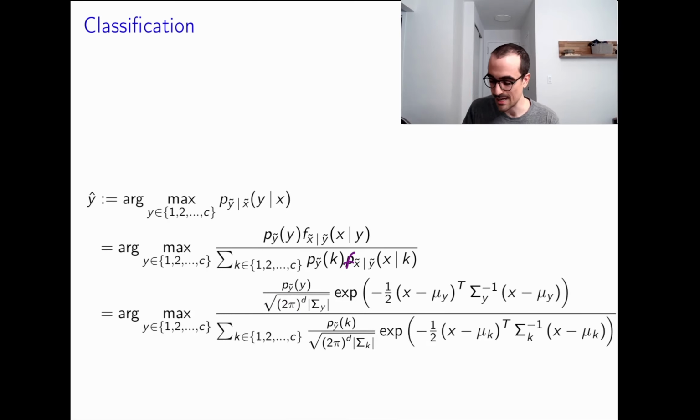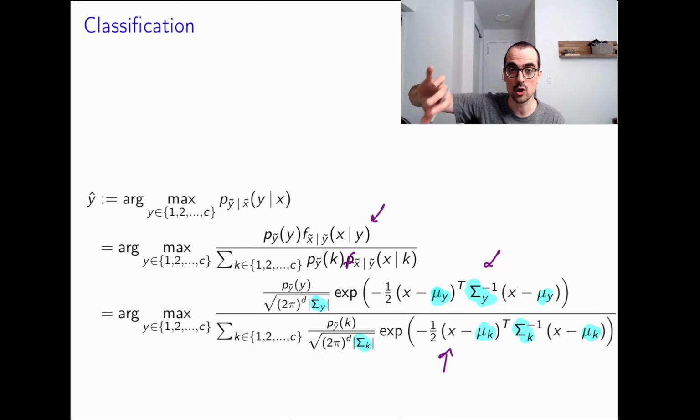Anyways, so now again, we put in the conditionals, which are Gaussians. And it's important to remember the parameters of the Gaussians, which are this mu k and this covariance matrix sigma k. These are the parameters that we have estimated using only these subsets of data.